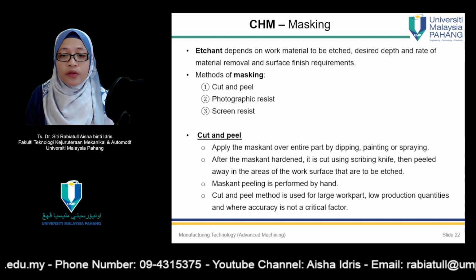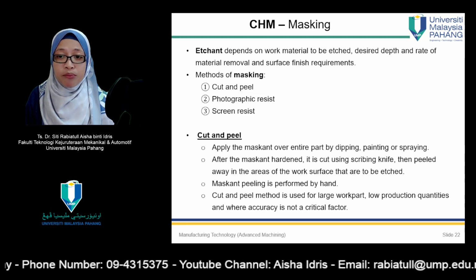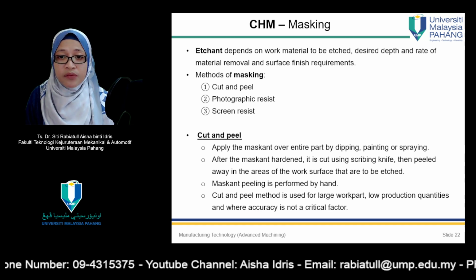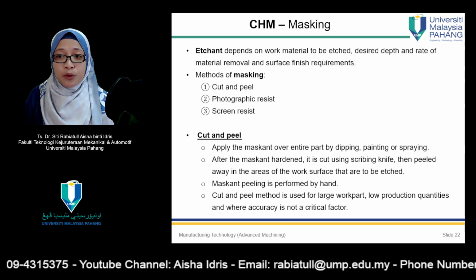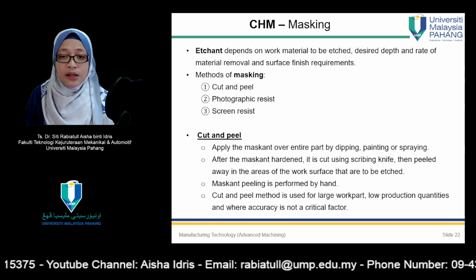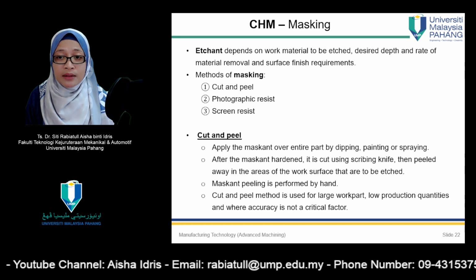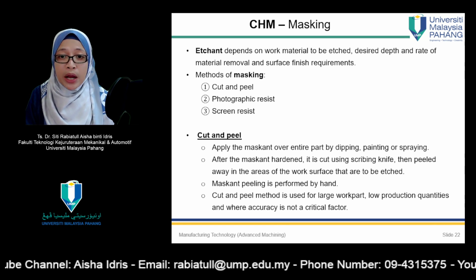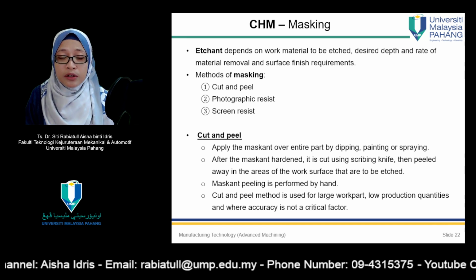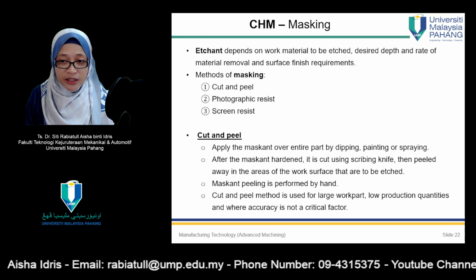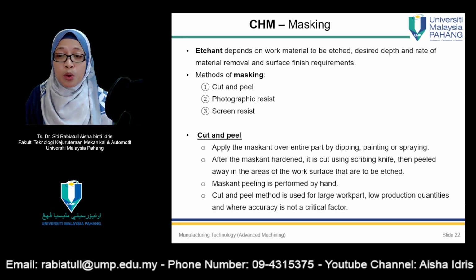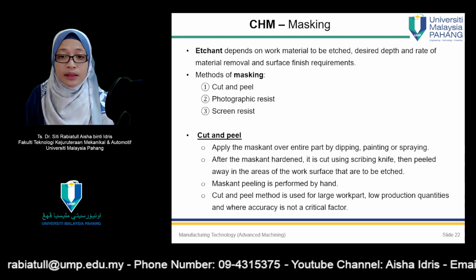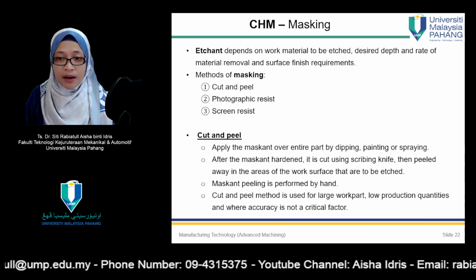These areas of the masking can then be removed from the surface by photographic developing techniques. This procedure leaves the desired surfaces of the part protected by the masking and the remaining areas unprotected, vulnerable to chemical etching. Photoresist masking techniques are normally applied where small parts are produced in high quantities and close tolerances are required.